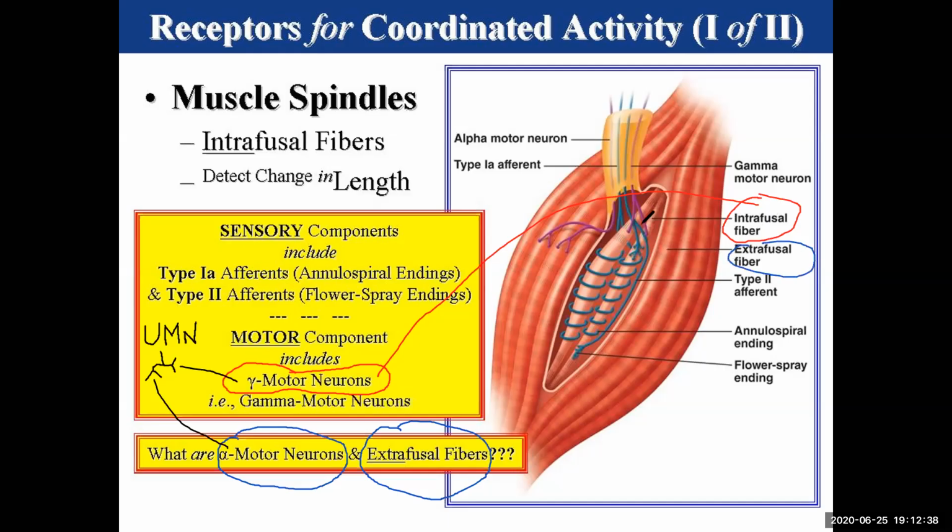the intrafusal fiber also will contract to follow the length decrease. It's allowing the spindle to detect muscle length change. So as the intrafusal fiber contracts, it sends afferents, meaning axons that are basically conveying information toward the central nervous system.